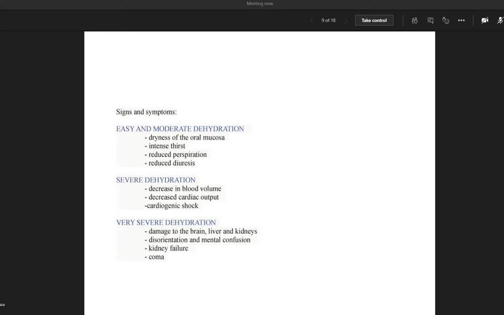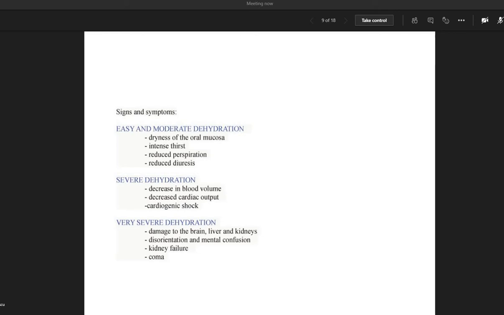And here, when things go worse, we can experience the cardiogenic shock. Of course, in case of a very, very severe dehydration, we can see damages in terms of very important organs such as brain, liver, and kidneys.